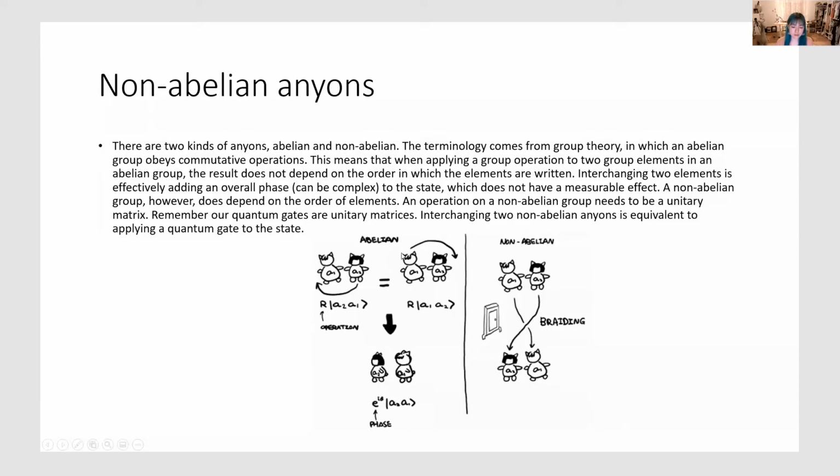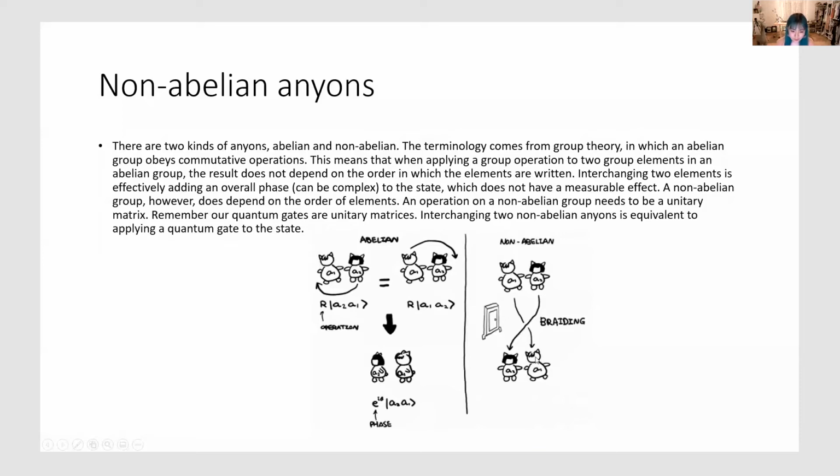That's abelian statistics. But if it's non-abelian, then the order of which one is in front of the other would matter. If you change their order, then you are effectively using a unitary matrix to change their order.